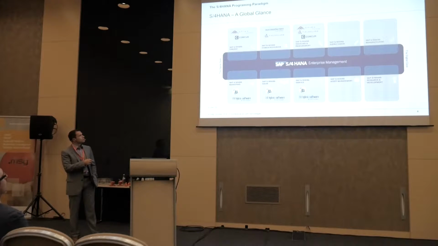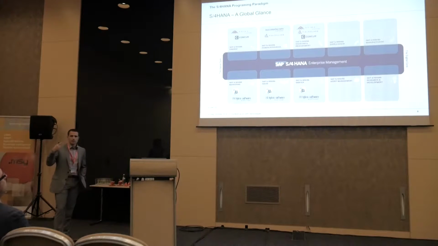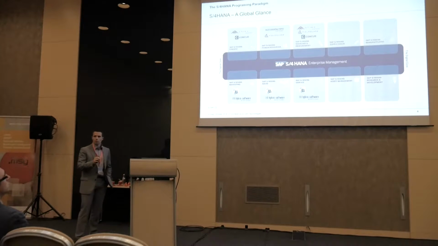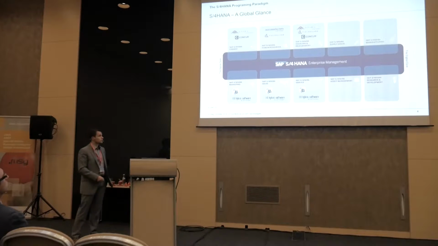And as you see here, Concur, Ariba, SuccessFactors, mostly cloud solutions. So due to this rethinking of the solutions, due to the redesign, we now have a complete S/4HANA suite consisting of a digital core, rock solid, keeping the core processes stable, and all those complementary processes that quite often are located in the cloud.